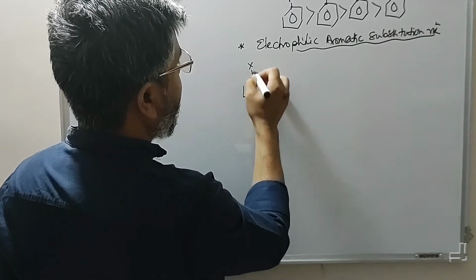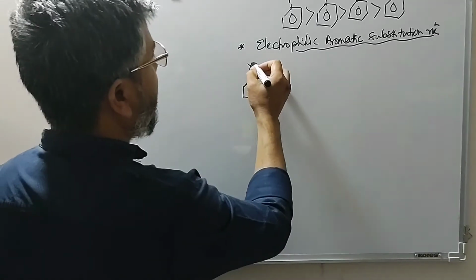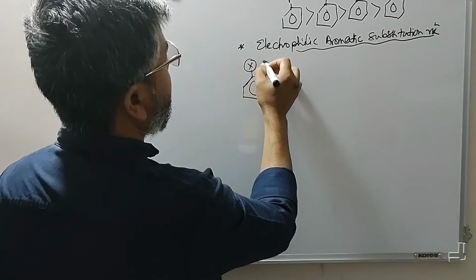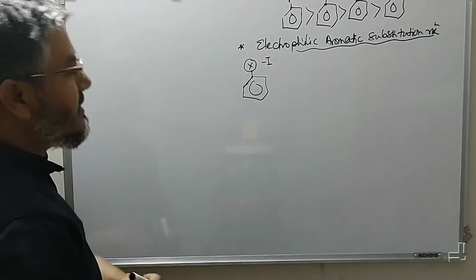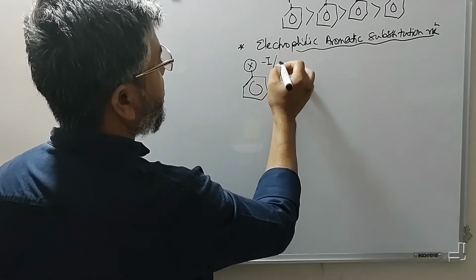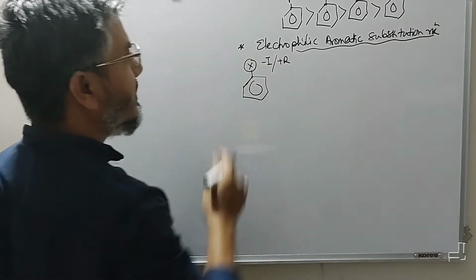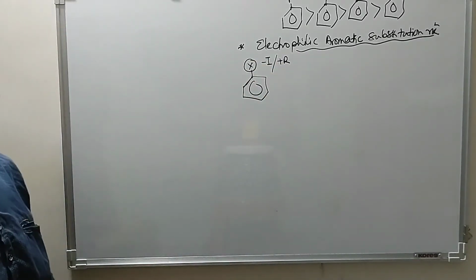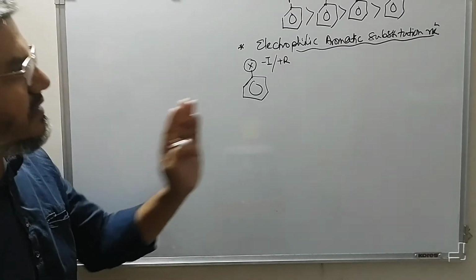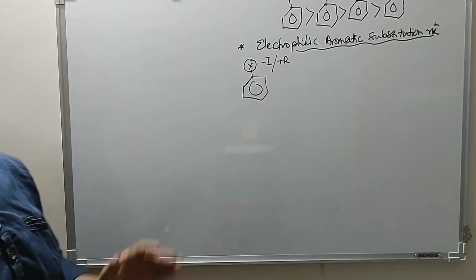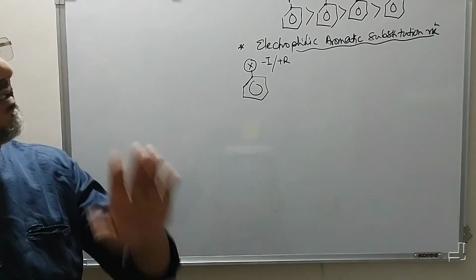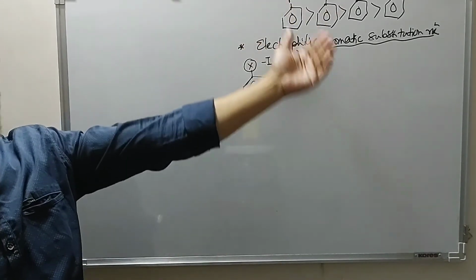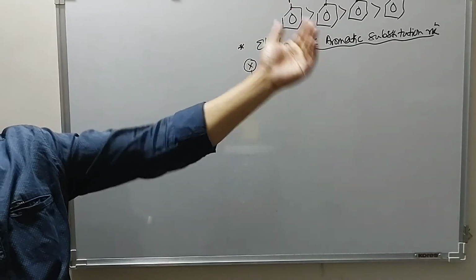So look at this halogen. This halogen is electron withdrawing by minus I effect, and simultaneously this also shows electron release by resonance. So when this releases electron density by resonance, electron density at ortho and para positions is increased, which we explained while discussing the chemical properties.